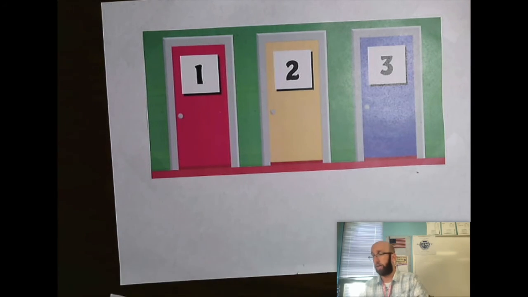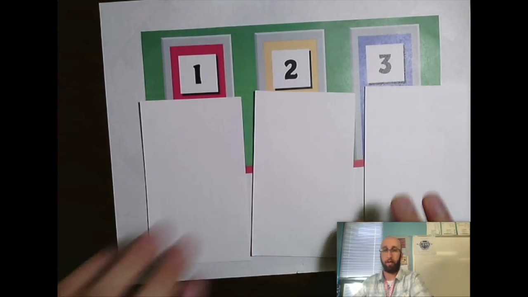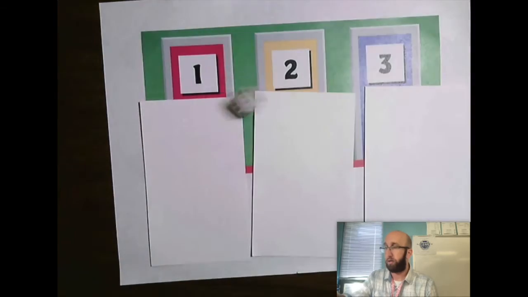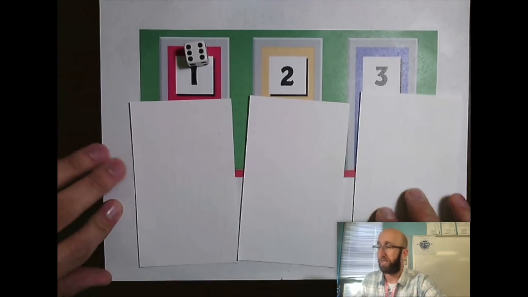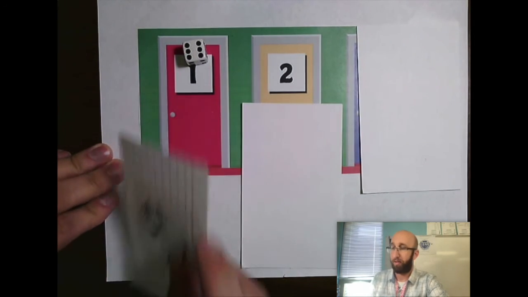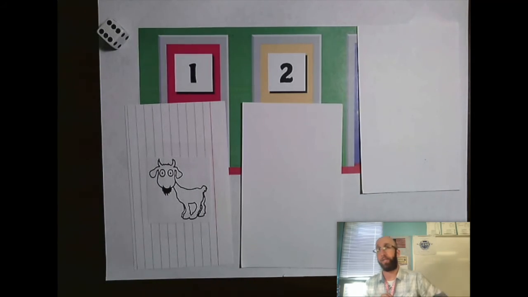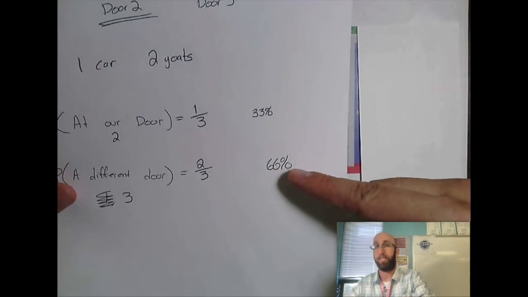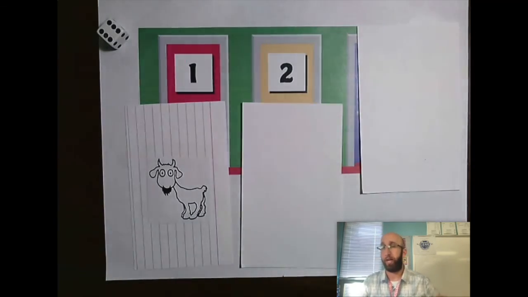So I'm going to show you one more time. I need to know where they're at. Okay, so you pick a door. I rolled a 6, which means I picked door number 3. So Monty Hall says that's great. Oh, there's a goat behind door number 1. If we follow our percentages here, there's a 66% chance it's at a different door, 33% chance it's at our original.